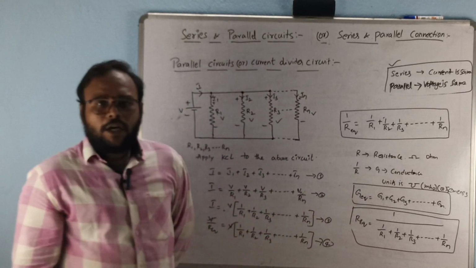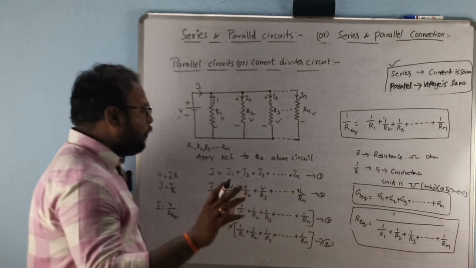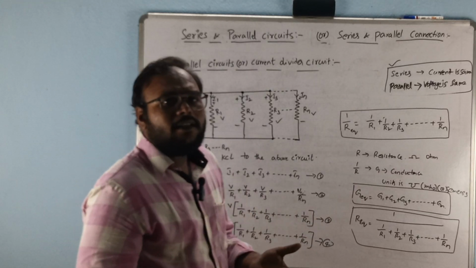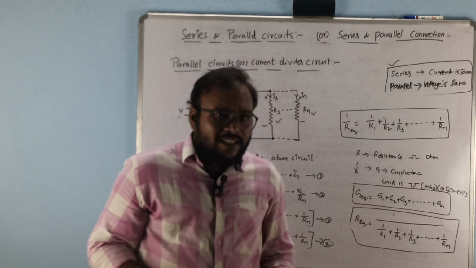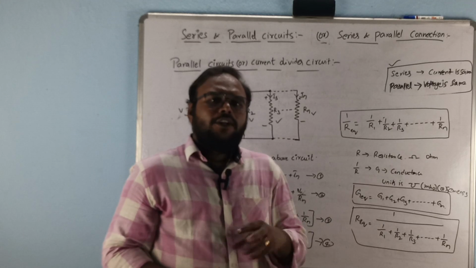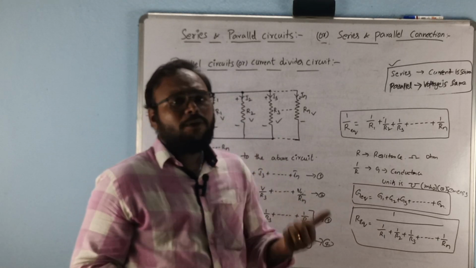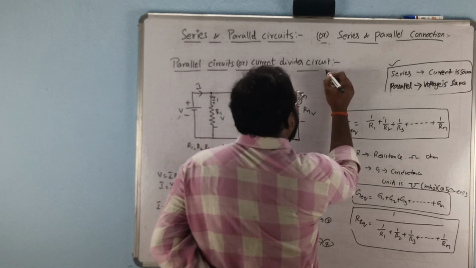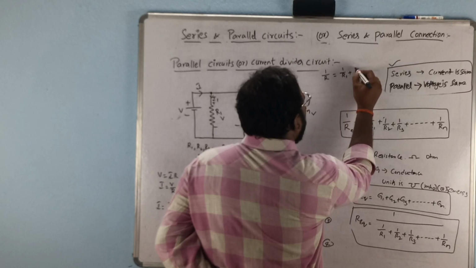If you connect only two resistors in parallel, then we have a formula. In many cases, the circuits have only two resistors connected in parallel or two resistors connected in series. In a series circuit, you can easily add all the resistors present in it and tell the answer. But coming to the parallel connection, it gives a formula: 1 by R is equal to 1 by R1 plus 1 by R2.